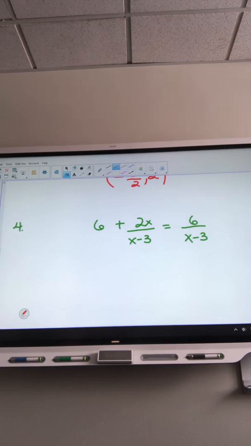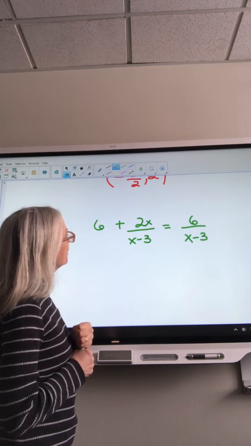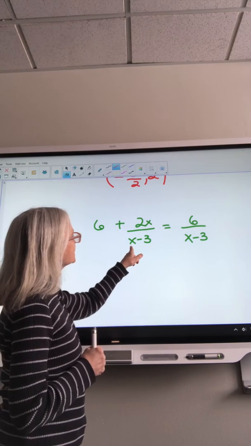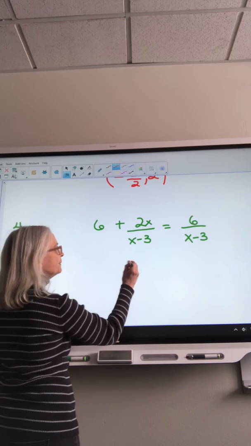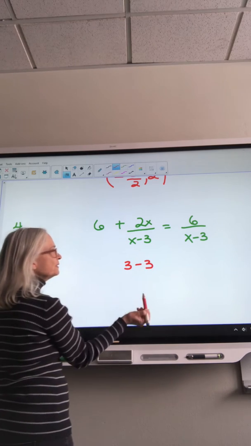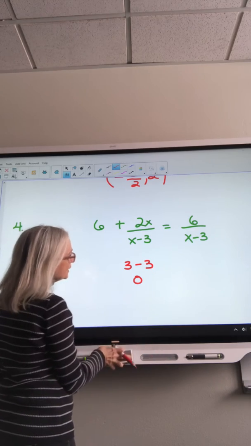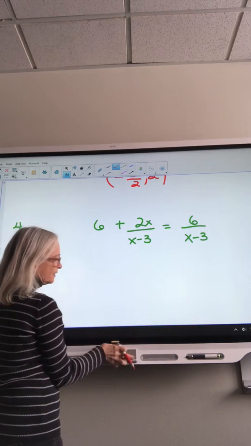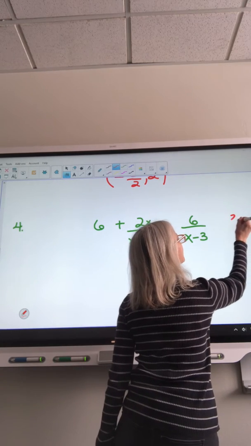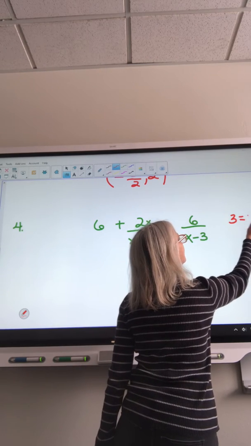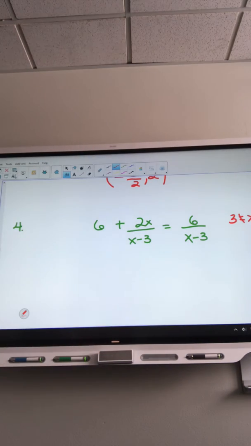And if we would also need to look at what number x would need to be to make the denominator 0, of course it would have to be a positive 3, right? 3 minus 3 is 0, so if x were 3, then we would get 0 in the denominator, and we don't want 0 in the denominator, so 3 cannot equal x, or x cannot equal 3.